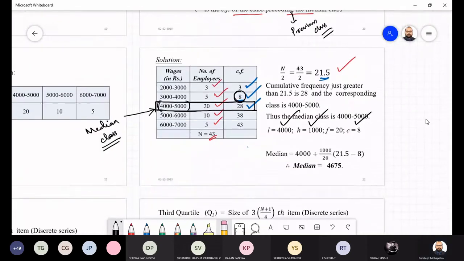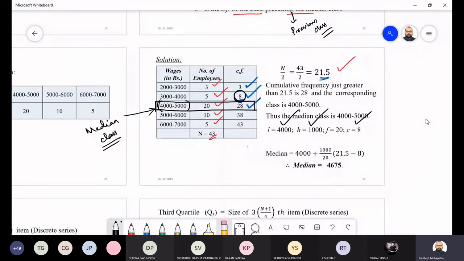So here, what is L? The L value is 4000, the lower limit of the median class. The class width h is 1000. C is the cumulative frequency of the previous class. And the N value is 43.